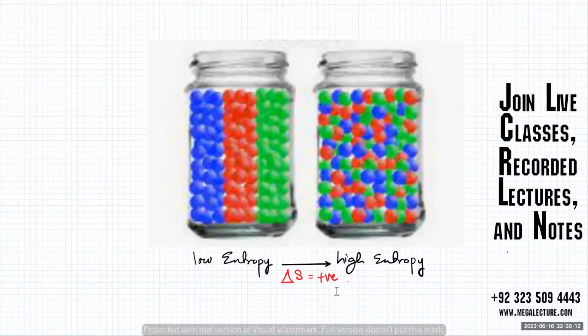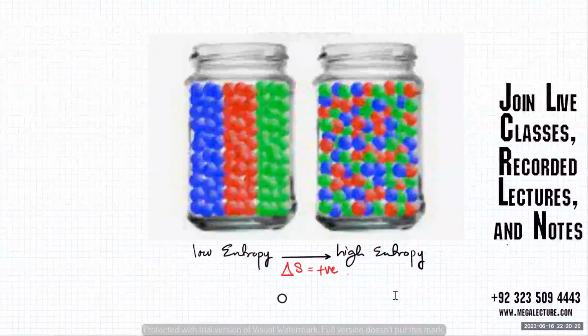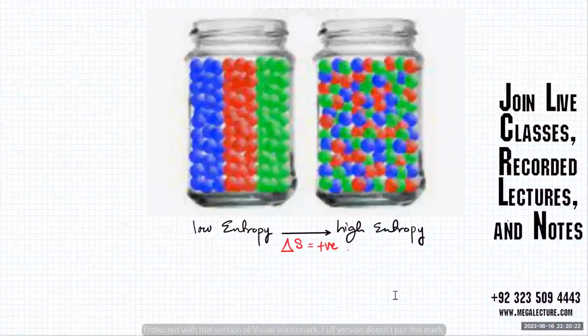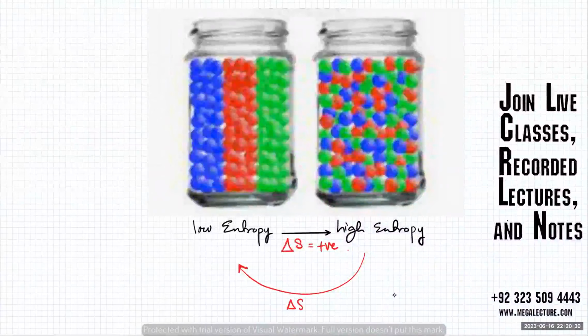So that is a positive entropy change. And vice versa, if you go back from a high entropy state to a low entropy state, that is referred to as delta S negative, right? Is that clear?